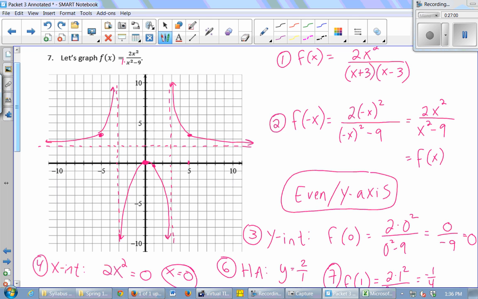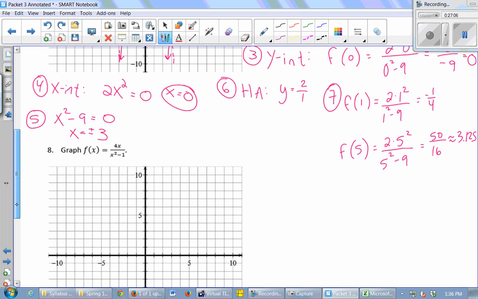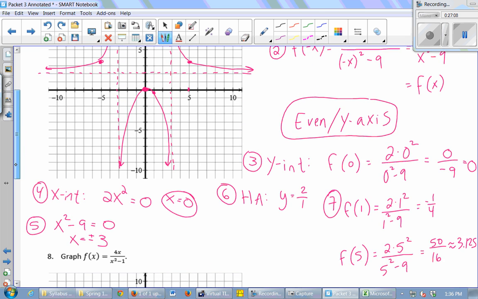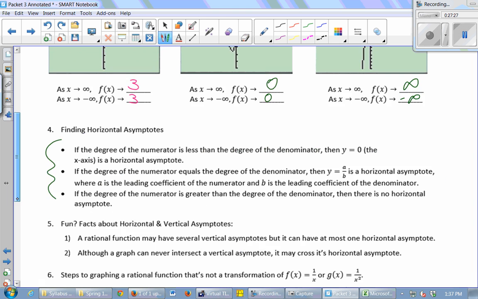All right. I think we should do one more together before you try them on your own. How did you get the y equals 2 over 1? The y equals 2 over 1 came from looking at the original function. Okay, so I compared the degrees, right? And there's 3 cases. In this case, the degrees are the same, right? So I go back to my list of rules.